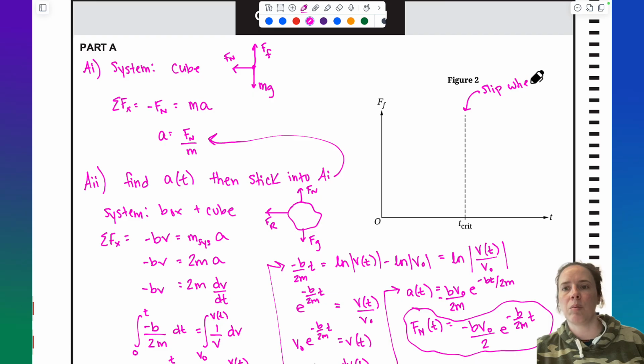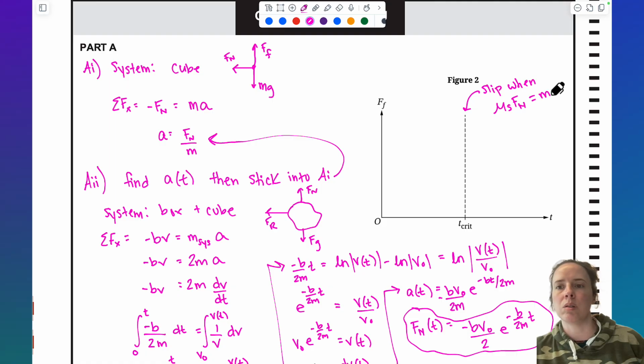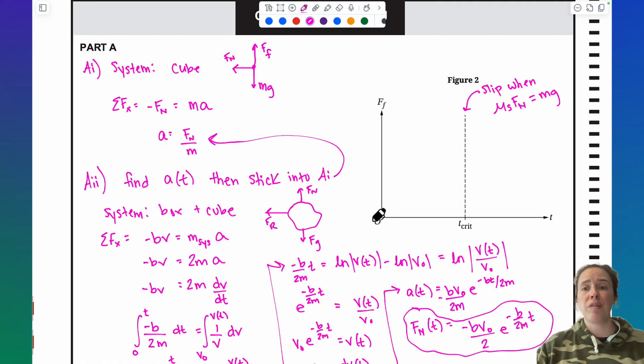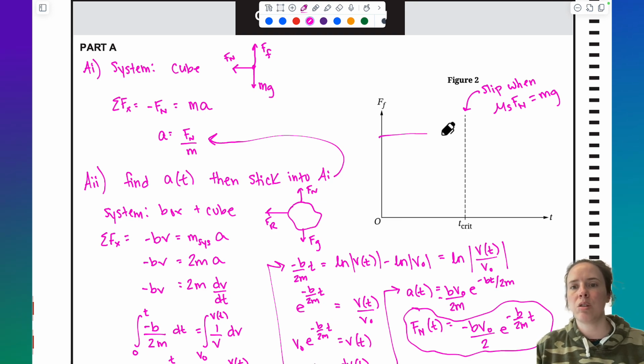So I'm going to slip when mu static times the normal force is exactly equal to the weight. Before that, my friction force is exactly what it needs to be to keep it still, which is equal to the weight. So this is going to be a straight horizontal line equal to mg until I slip.